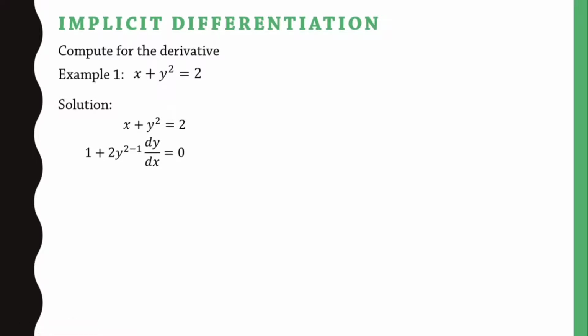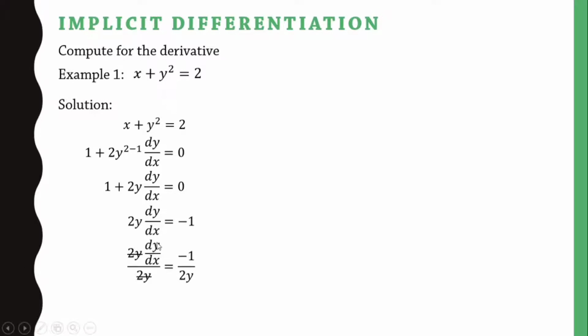Next, we simplify. That is 1 plus 2y dy over dx equals 0. Then, we subtract 1 from both sides of the equation so that we will eliminate 1 here. What will be left on the left side is 2y dy over dx, equals negative 1. Take note, what we need is simply dy over dx.